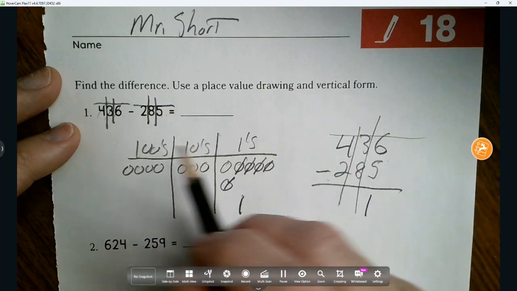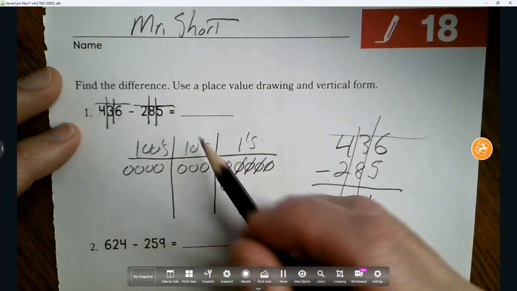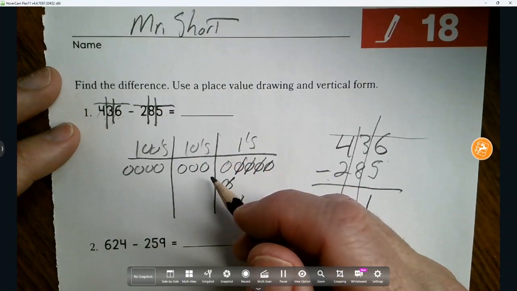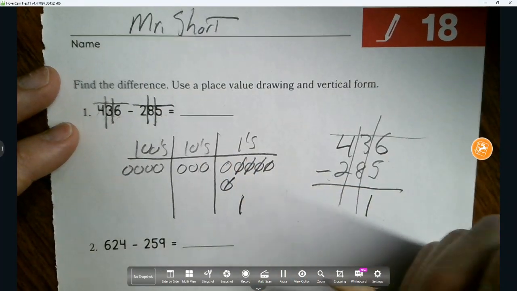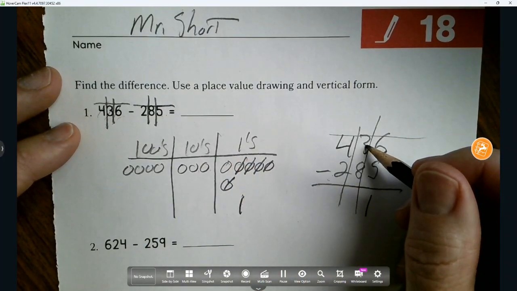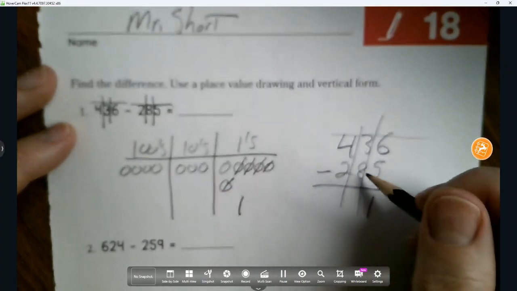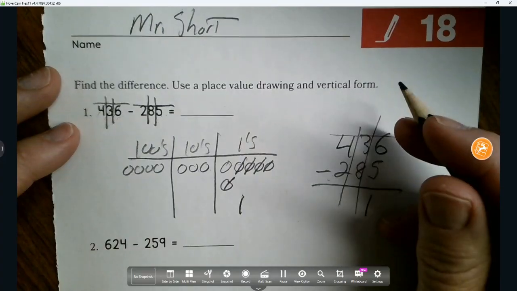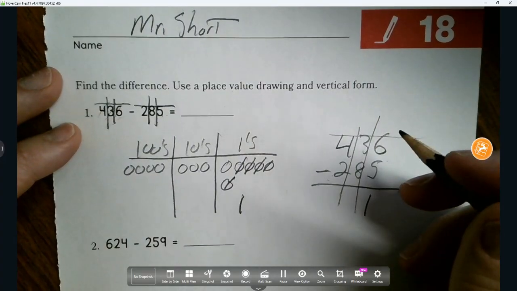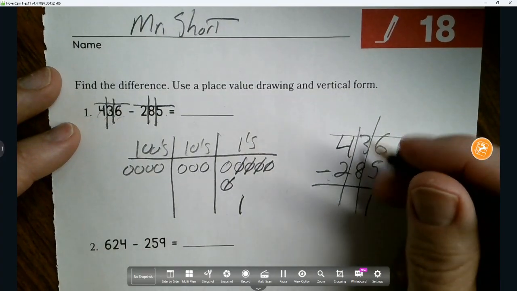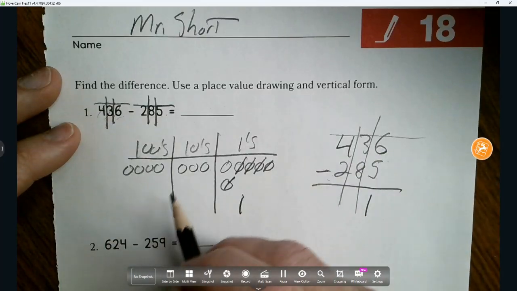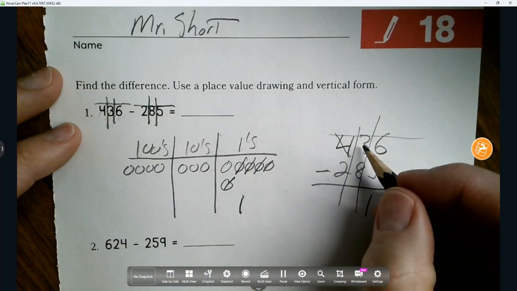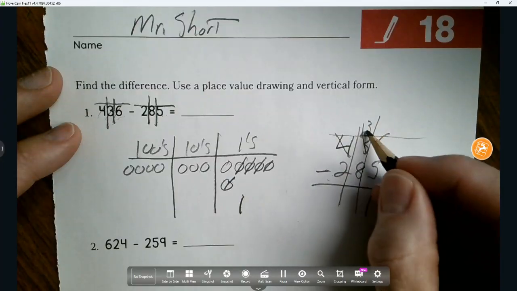All right, the tens. We have 3 tens, and we need to take away 8. If we have 3, can we take 8 away? We can't do that, and you cannot subtract up. That does not work. You can only subtract going down. So we're going to have to go next door and borrow 10 more there.